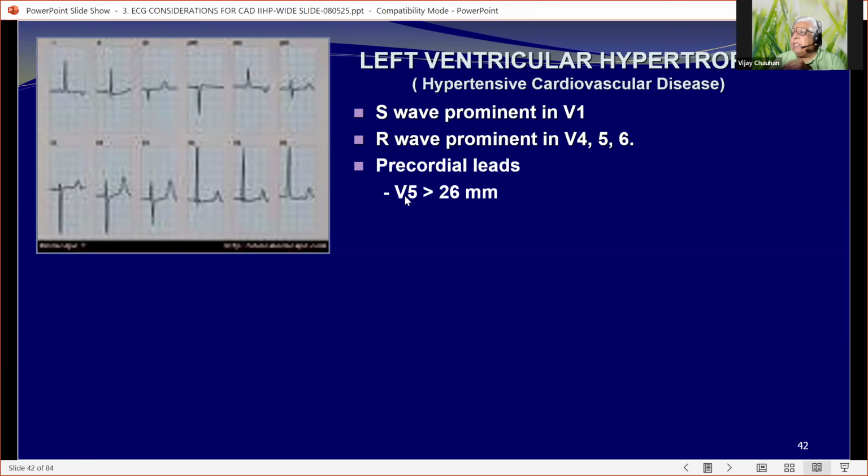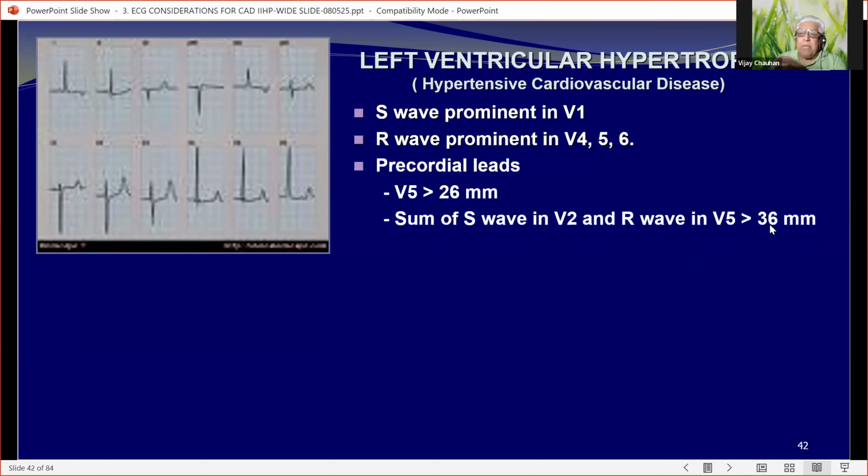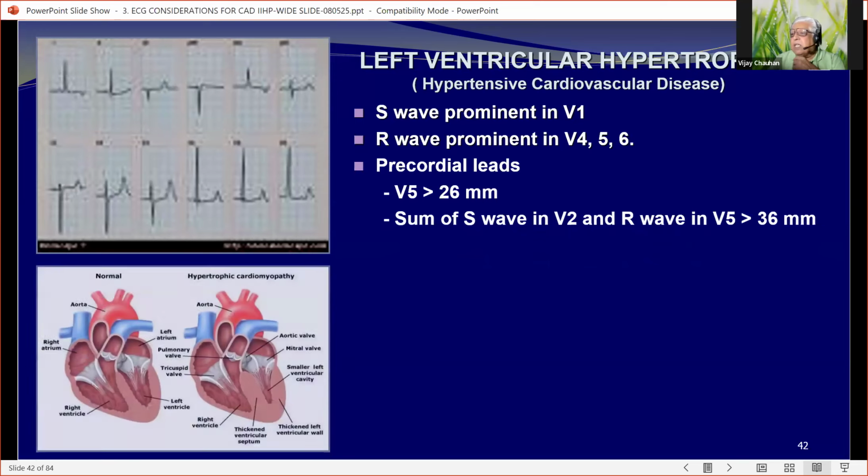These are the precordial leads, and approximately R in V5 should be more than 26 millimeters, and the sum of S wave in V2 and R wave is more than 36 millimeters combined. Then you will have the probability to comment on ECG as left ventricular hypertrophy.